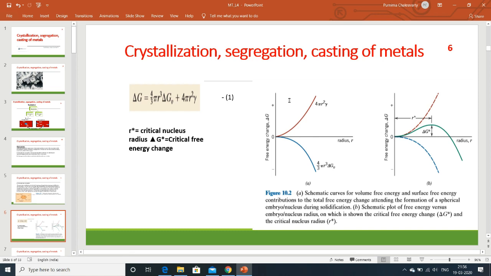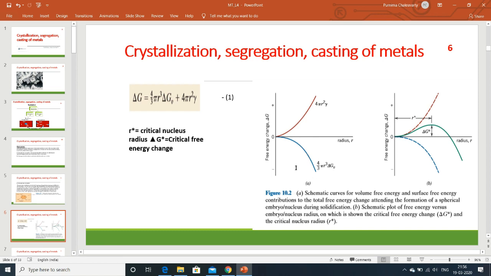Here in figure 1, you can see the blue line, which indicates the variation of volume free energy with radius. It is negative and decreases with the radius.